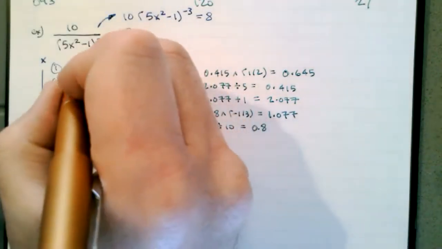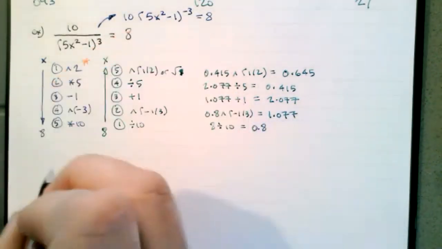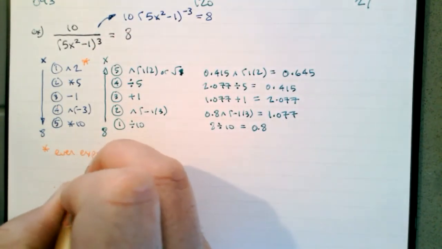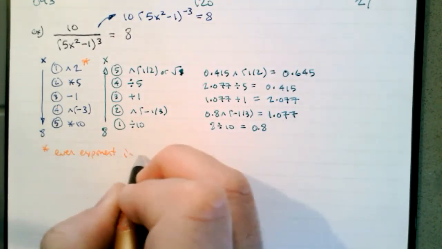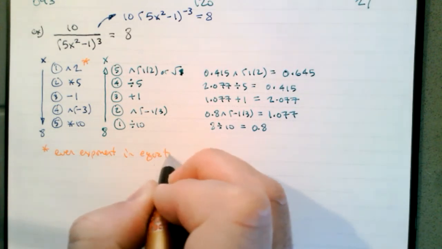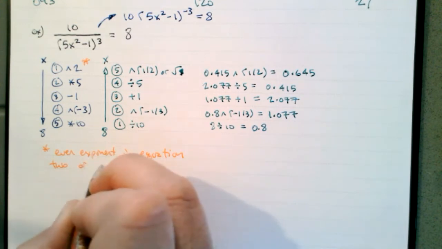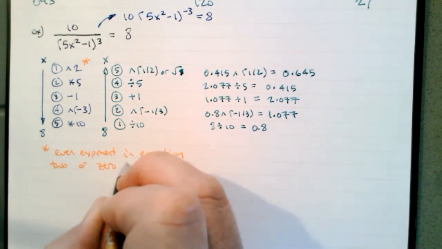Since we noticed that we had an even exponent, we're going to note that there are 2 or 0 real solutions.